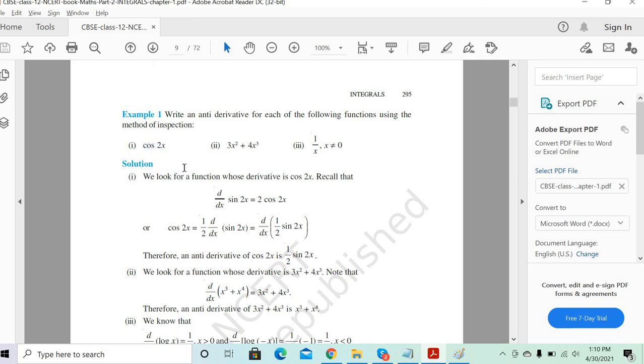You know how to do this question, cos 2x now? Integration of cos 2x. Not really, sir. Okay, I'll explain to you.